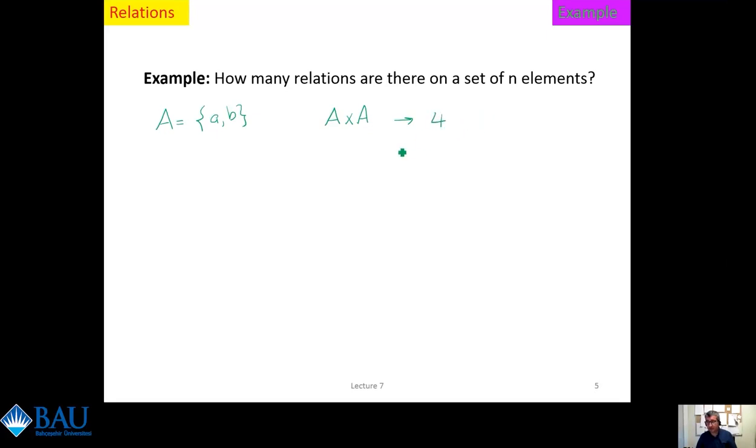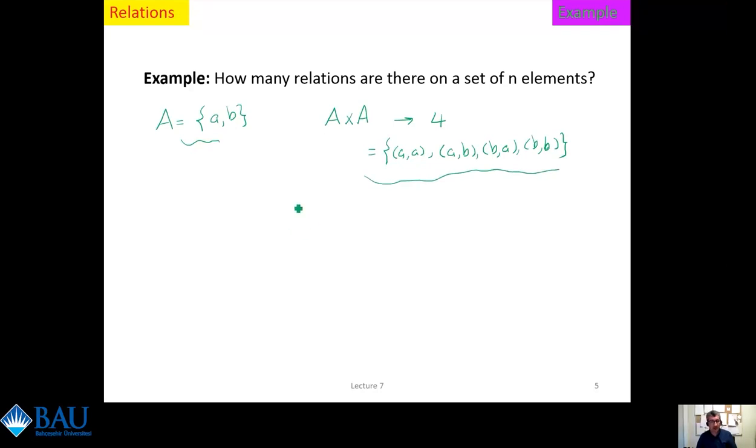Let me write them. So A cross A is AA, AB, BA, and BB. A has 2 elements, and A cross A has 4 elements.